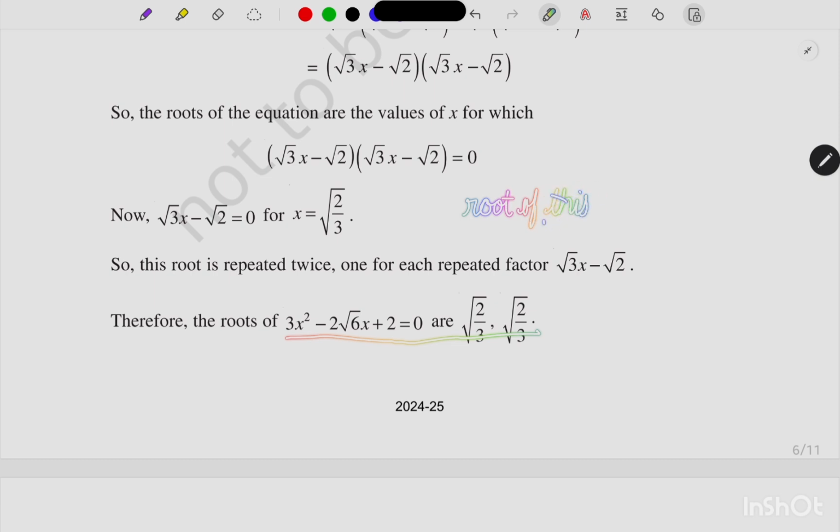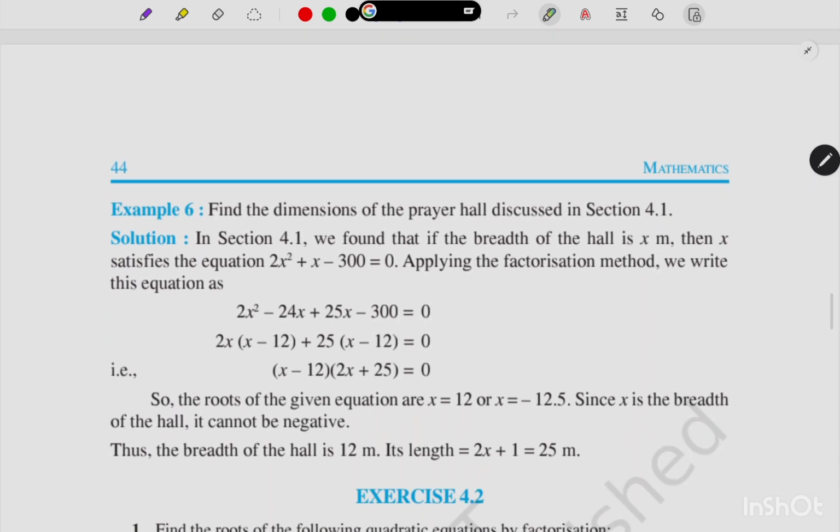What I mean by this is this one is root 2 by root 3, or after rationalizing the denominator, root 6 by 3. Okay, got it?